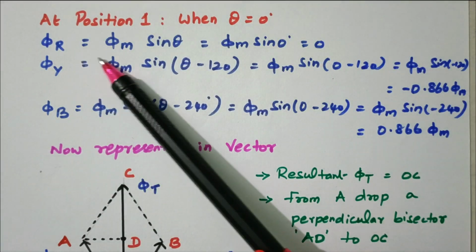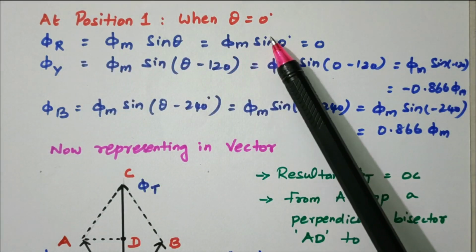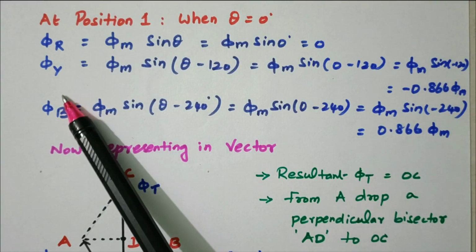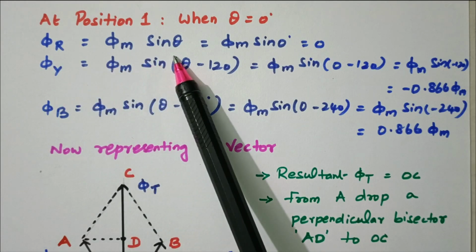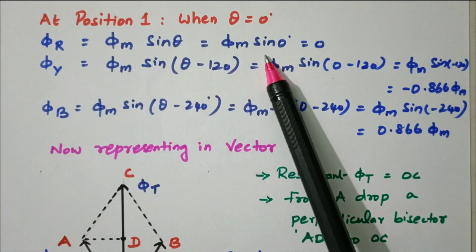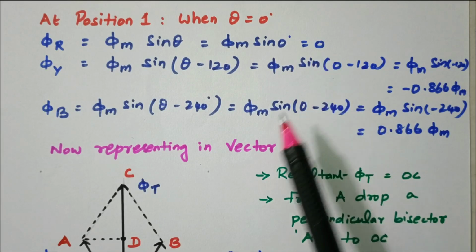First we will see position 1, that is at theta equal to 0 degrees. First we will see the flux in the 3 phases. Pi R equals pi M sin theta. Theta is 0, so pi M sin 0 is 0.